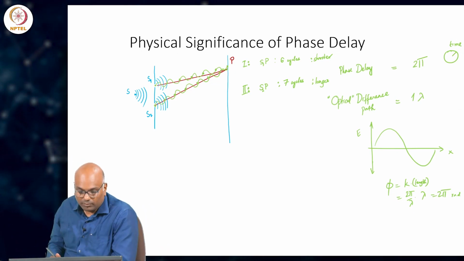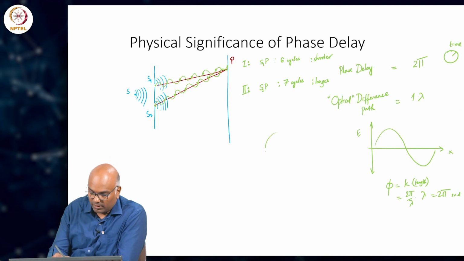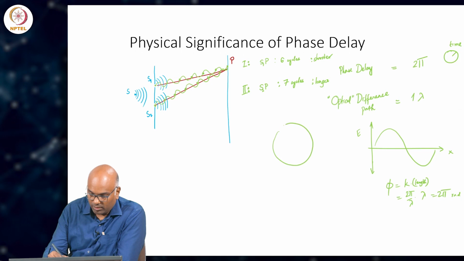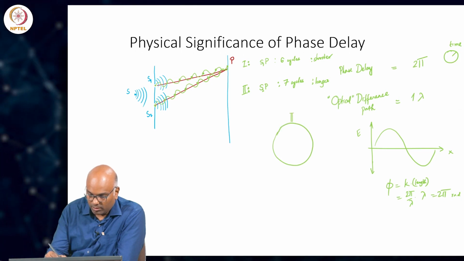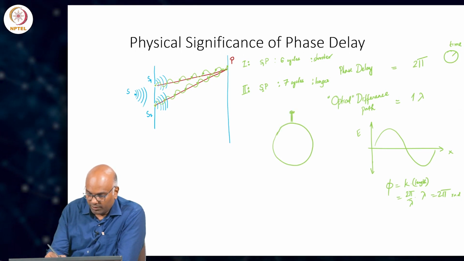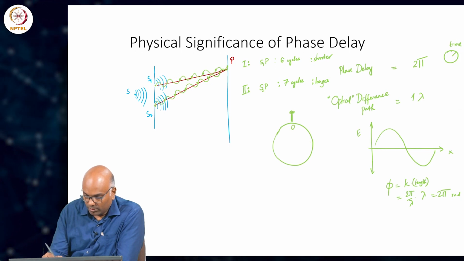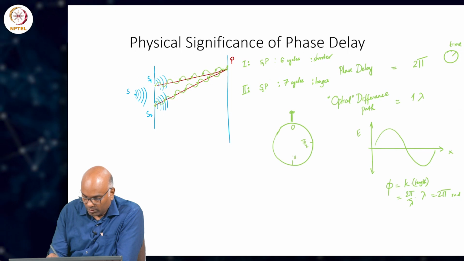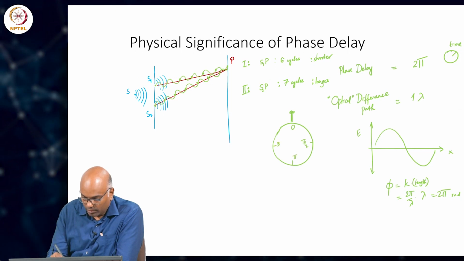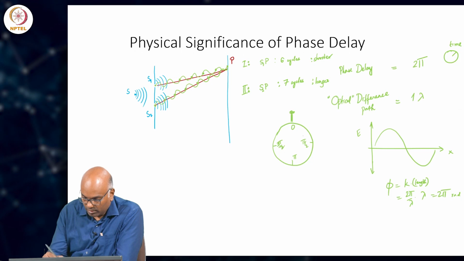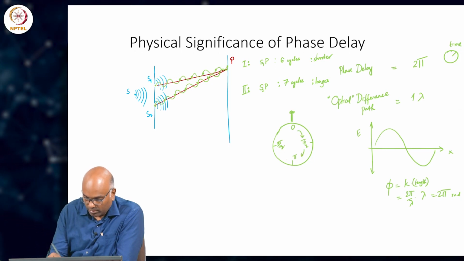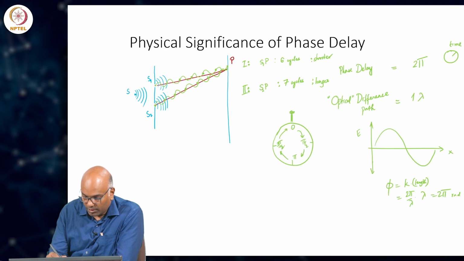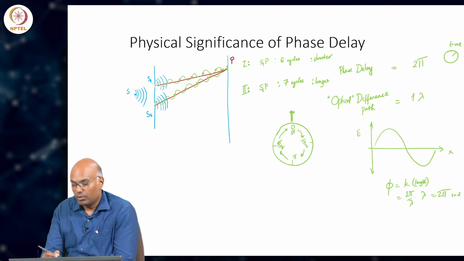That is because all phase is essentially you can mark any phase on a clock which begins at 0, goes over to pi over 2, goes over to pi, goes over to 3 pi over 2 and comes back to 0 or 2 pi.